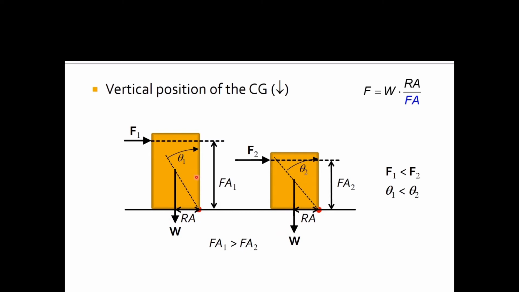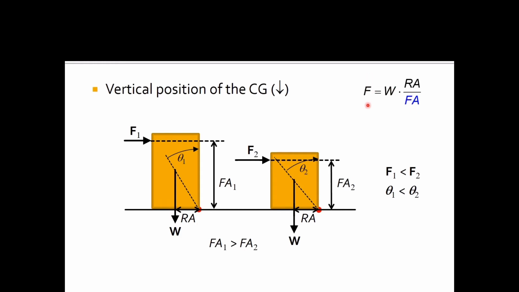And weights are also the same. But this first box is higher than this box in terms of height, which means this first box has a longer FA compared to the second box. So let's go back to this formula. In this formula, FA is the denominator.